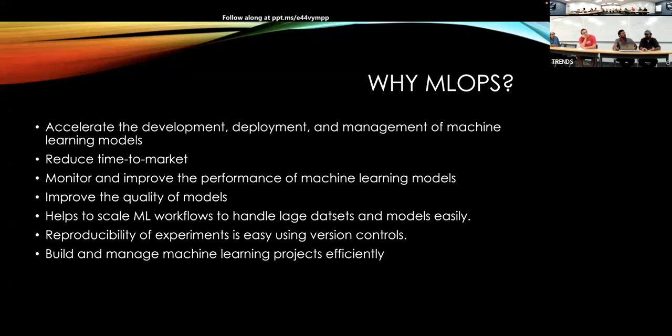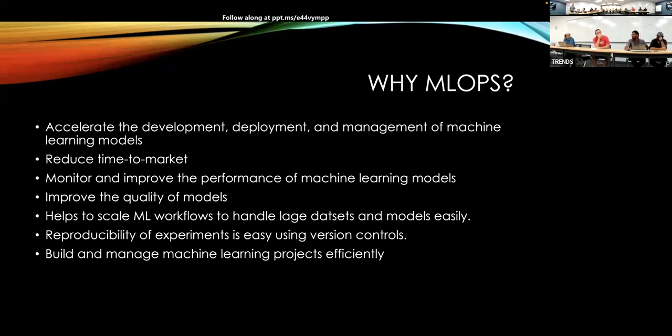We can also monitor and improve the performance of machine learning models, and we can improve the quality of models as we have a lot of time to focus on the model itself instead of the deployment and development part. It also helps for scaling ML models for larger data sets and for reproducibility of experiments.